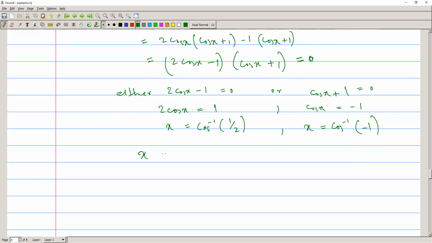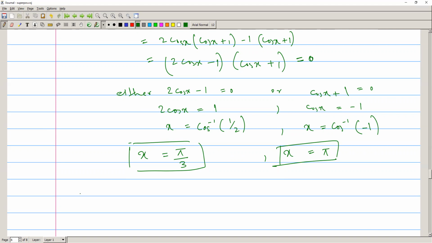So we can write x equals pi over 3 for cos 60. We can use this pi over 3. And then cos inverse of -1 is pi.